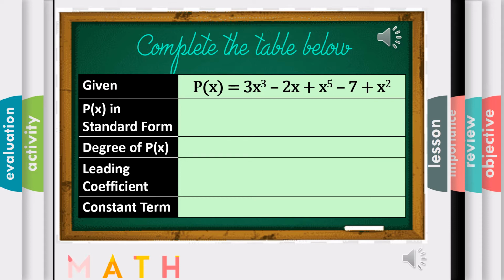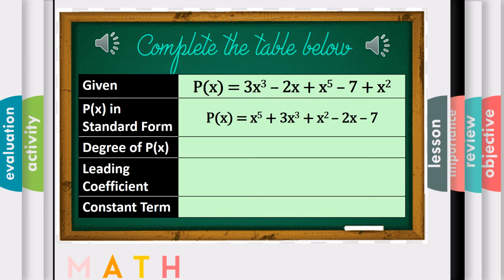Since x raised to 5 has the highest exponent, it will be written first, followed by 3x cubed plus x squared minus 2x minus 7. Since the highest exponent is 5, our polynomial function is of the 5th degree. The leading coefficient is 1, and the constant term is negative 7.